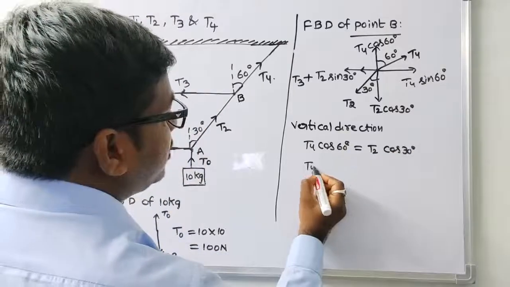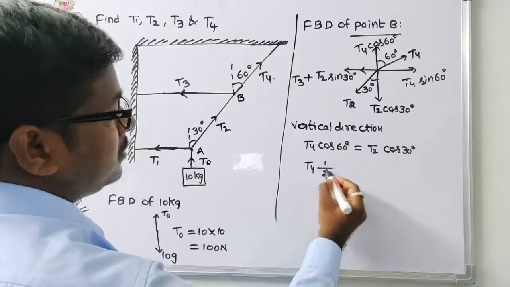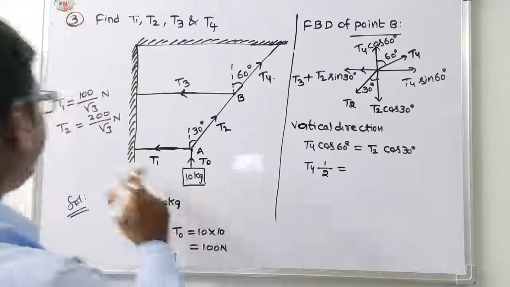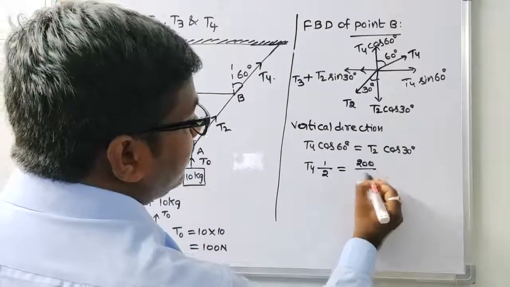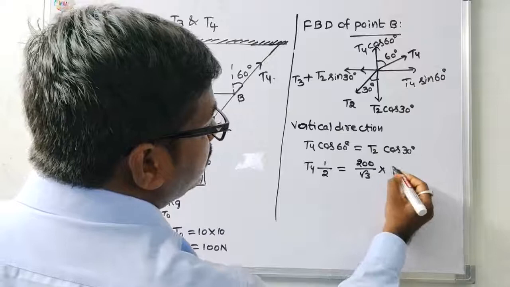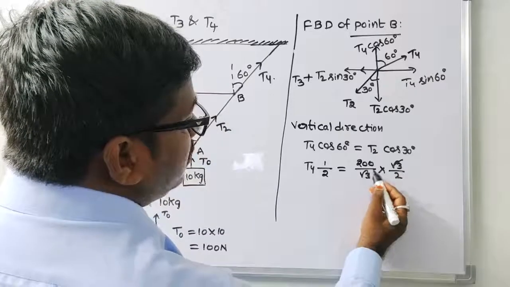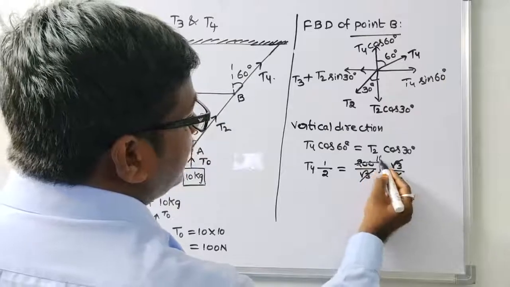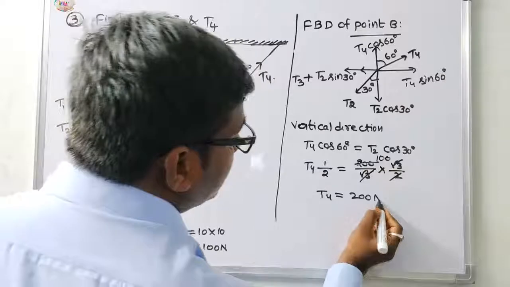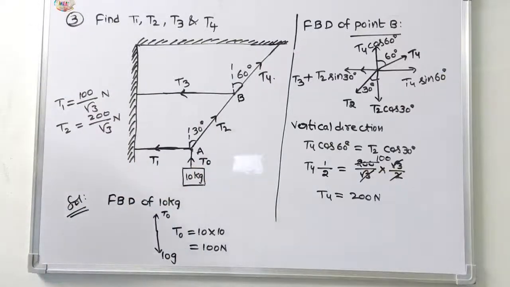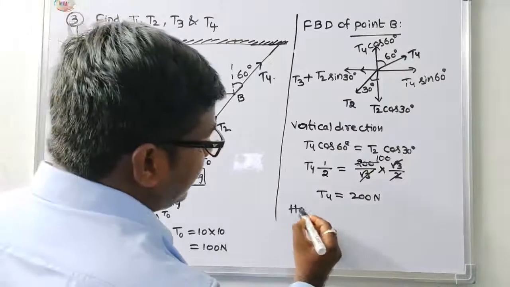T4 into cos 60, which is 1 by 2, is equal to T2 value 200 by root 3 into root 3 by 2. Root 3 cancels, and 2 ones are 2, giving 200. Then T4 is equal to 200 Newton.